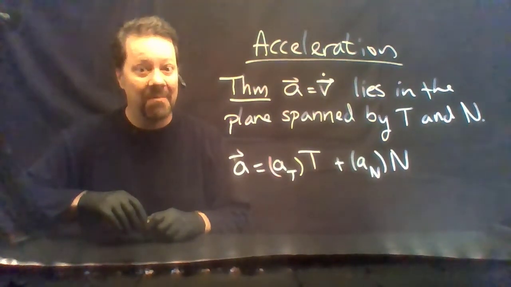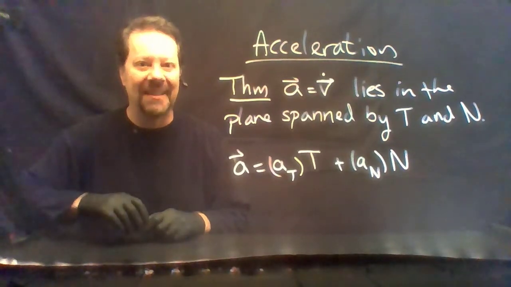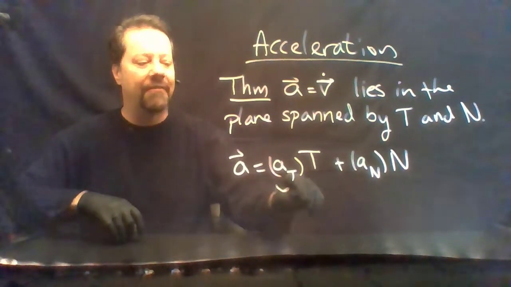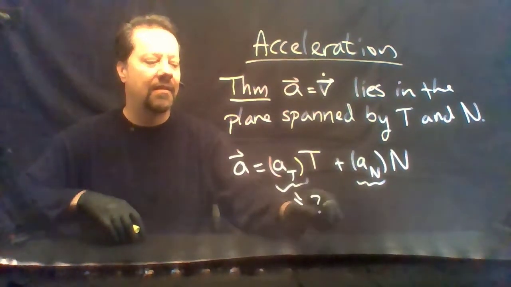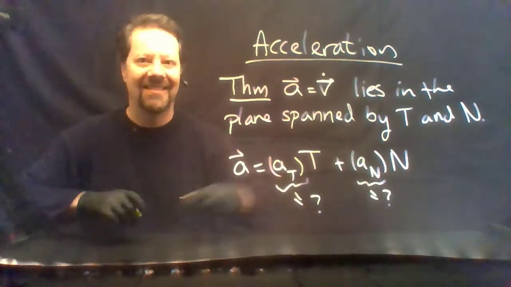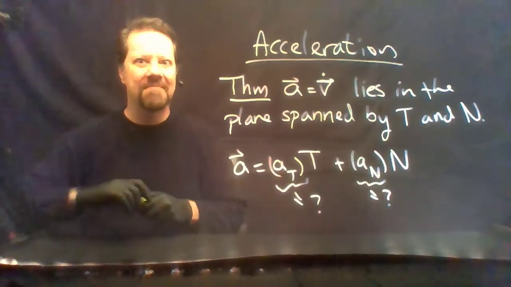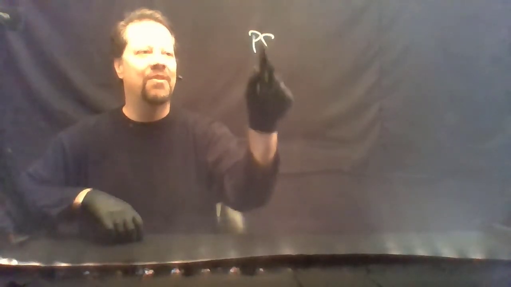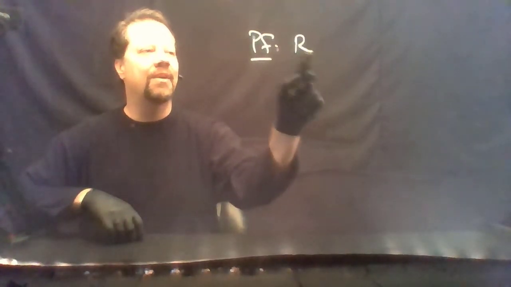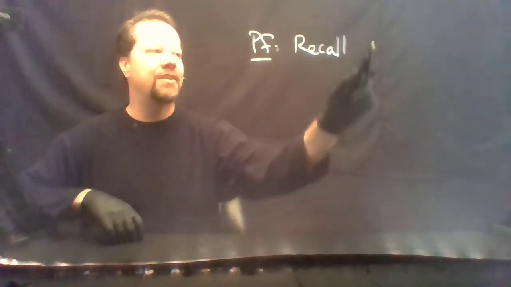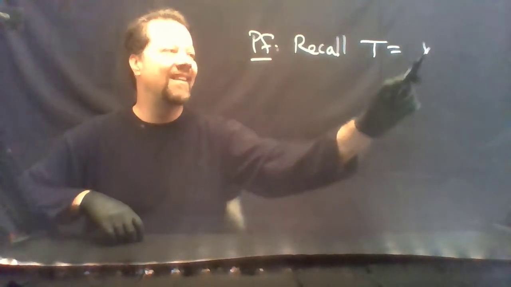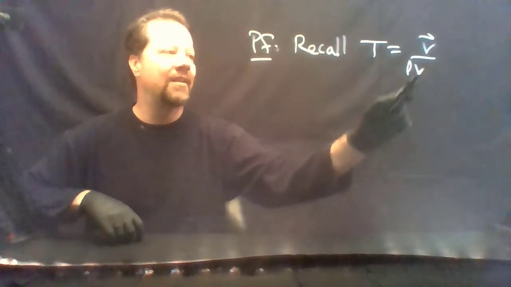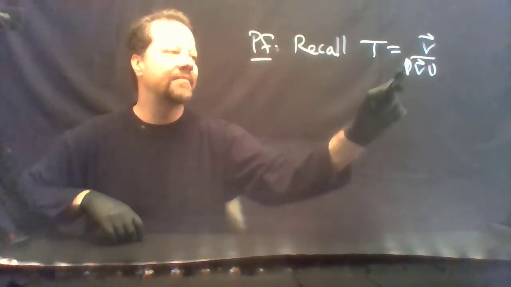This seems like a pretty important and significant statement. We will also want to have formulas for these scalars, and we will derive them. In the proof, I want you to recall the definition of the unit tangent vector. It is the velocity divided by the speed.